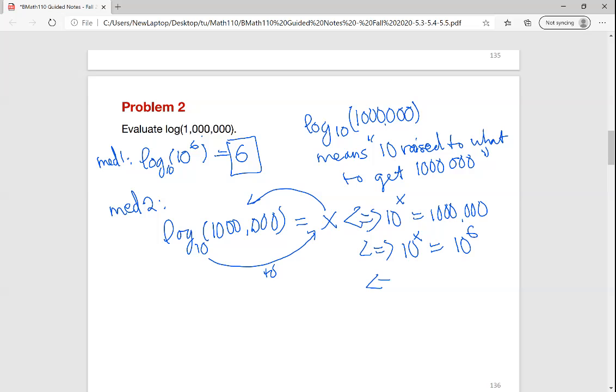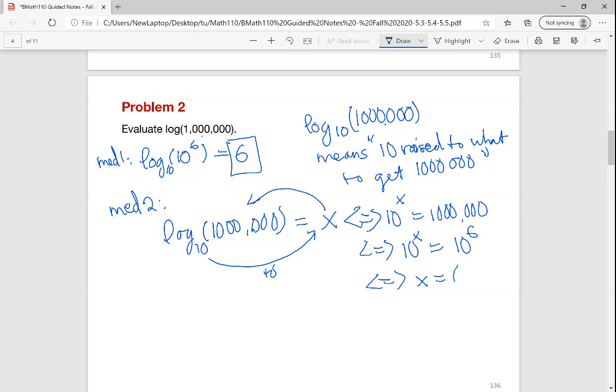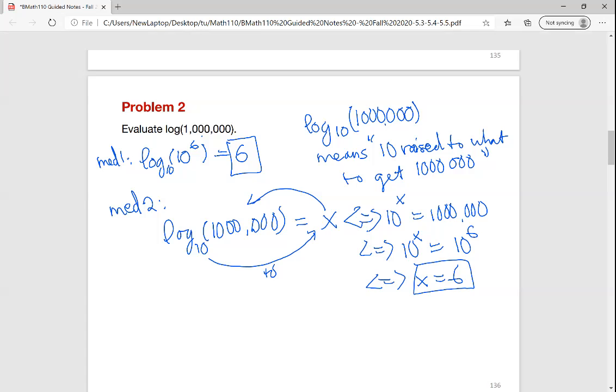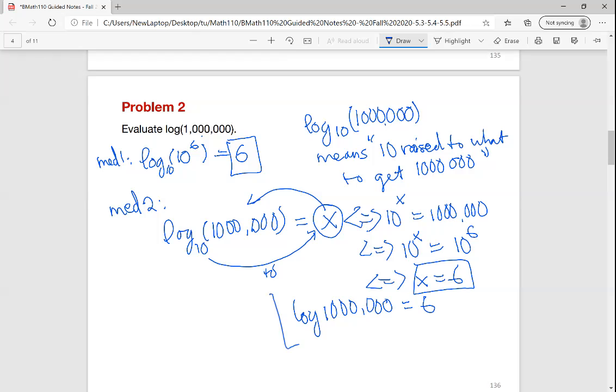That means x equals 6, and that is the answer for this log of 1 million. So again, log of 1 million equals 6 is going to be the answer.